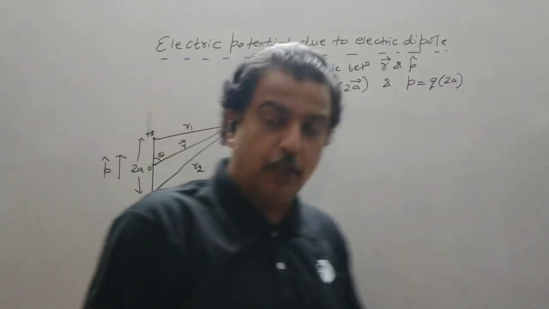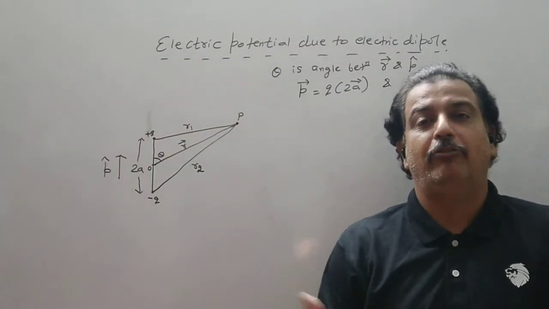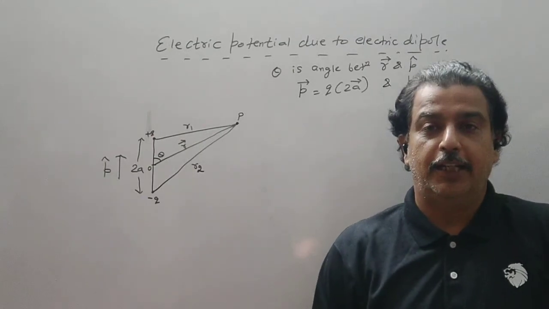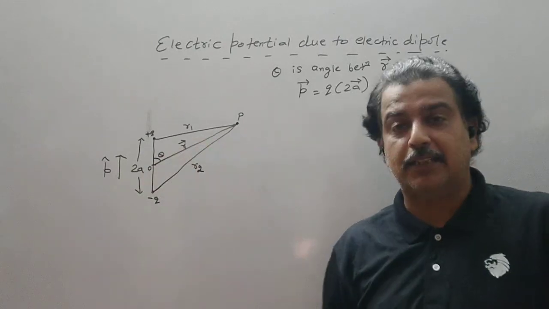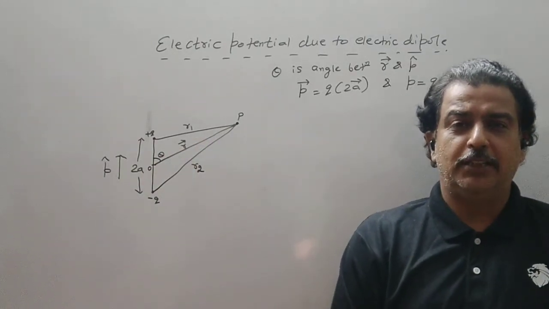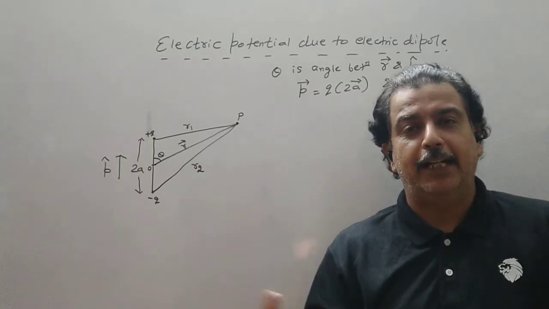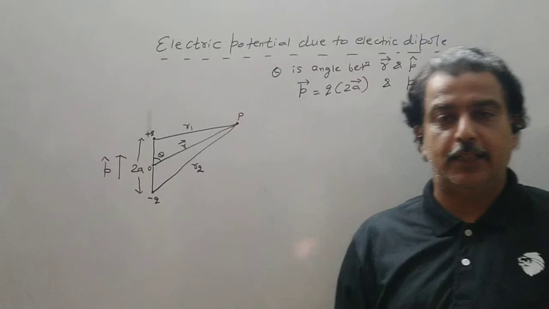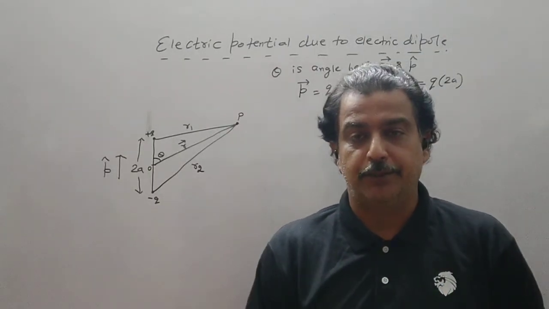Now how to find out the potential when we have more than one charge in a system. Here you have a system of two charges separated by a finite distance, that is dipole. You have two charges. So potential is a scalar quantity, it can be added algebraically because it has no direction. You can add it like a simple summation.